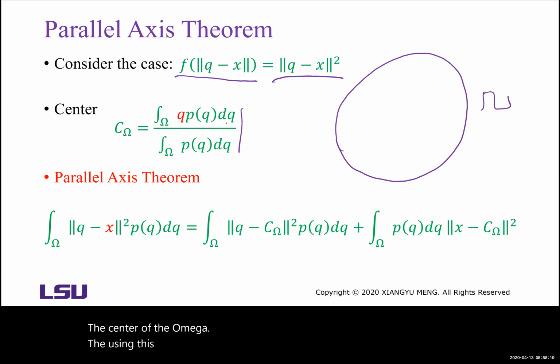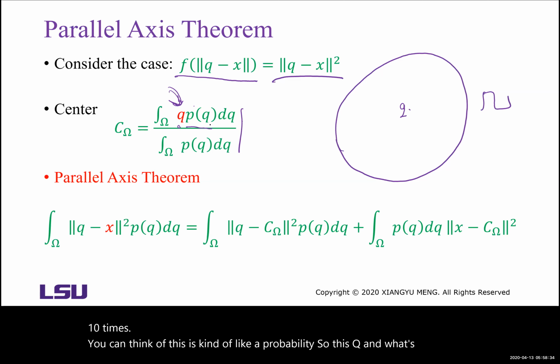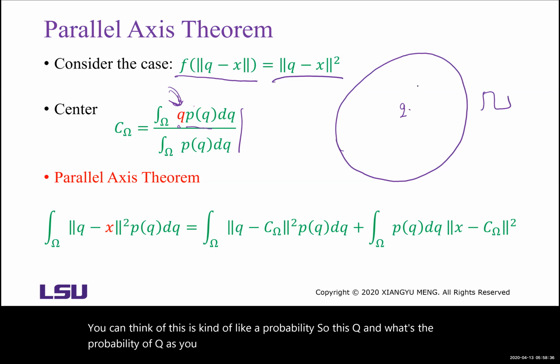So the numerator will be the Q, then times, you can think of this as kind of like a probability. So this Q, and what's the probability of Q? That should be PQ.